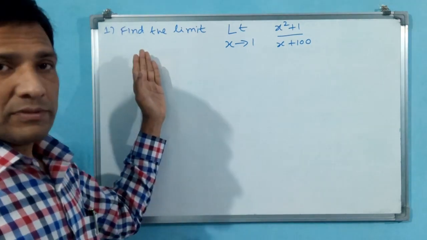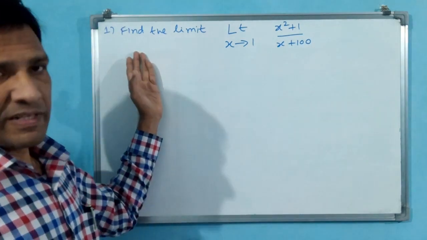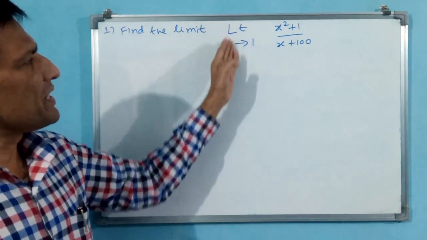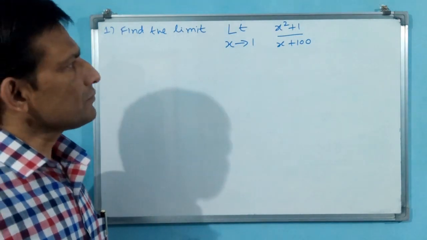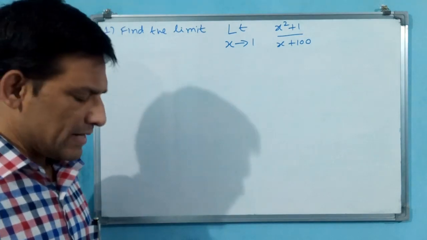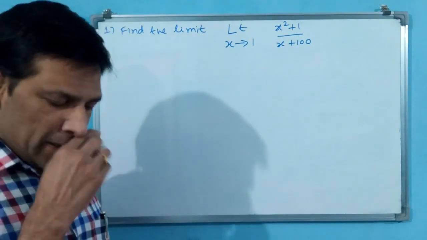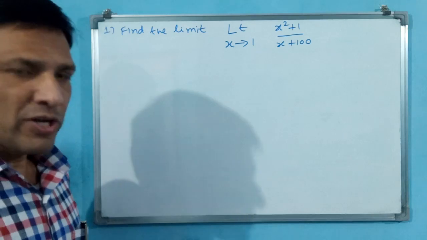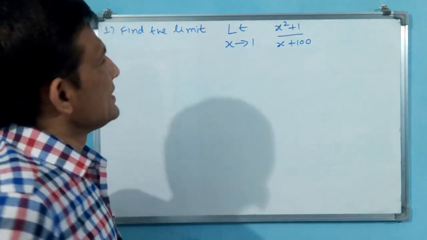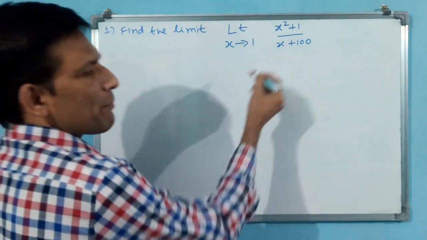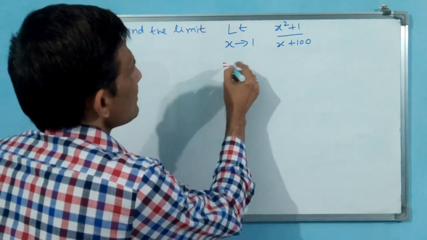Okay, now we have taken the first example. Find the limit as x tends to 1 of x square plus 1 by x plus 100. As usual, like a function only we will do. When we apply the limit, we should not write the limit again.